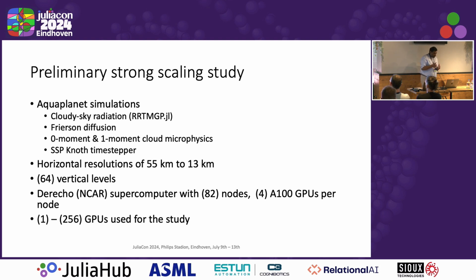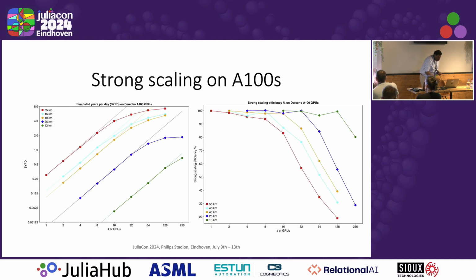We use 64 vertical levels. The simulations are done on the Derecho supercomputer at NCAR. It has a total of 8 nodes with about 4 A100 GPUs per node. We used simulations with processors in the range of 1 to 256 GPUs for this study.